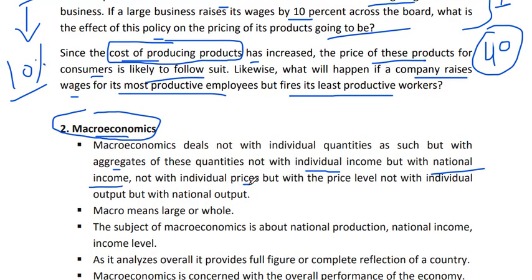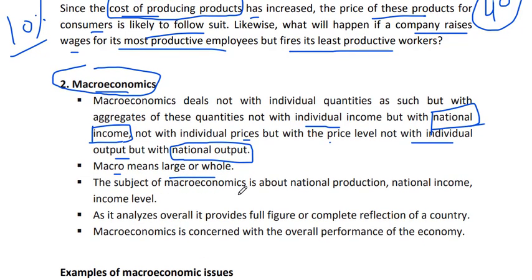Not with individual price but with the price level, not with individual output but with the national output. Macroeconomics deals with the national output and the national income. Macro, as we already know, means large or whole. The subject of macroeconomics is national production, national income and the income level of all the public.